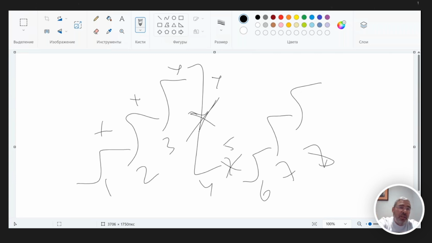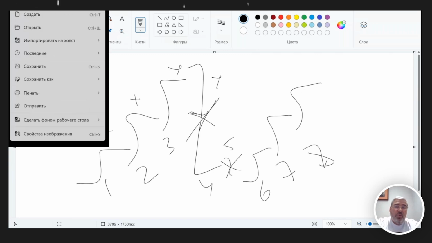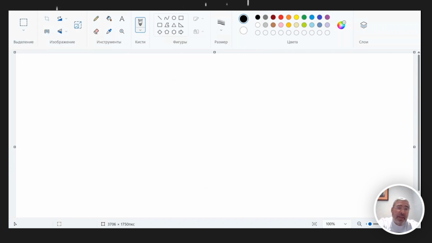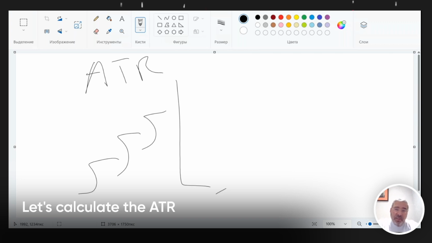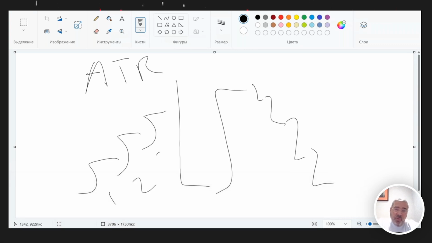So what we usually do in order to calculate the ATR, it's very simple. Let's say we have this, then this, then this, then very small, and then again normal. So let's say we have 1, 2, 3, 4, 5, 6, 7, 8, 9. So let's say we have 9 bars.